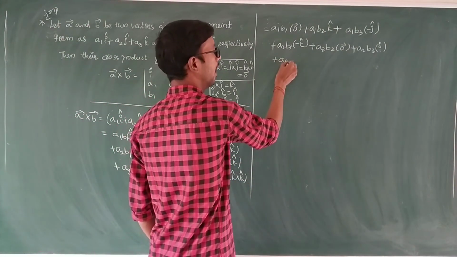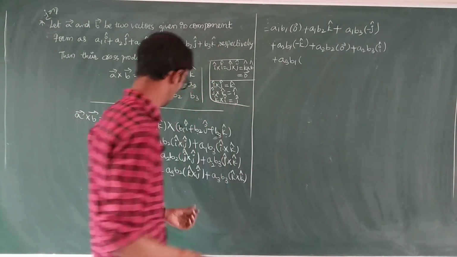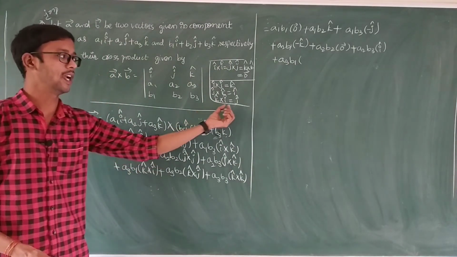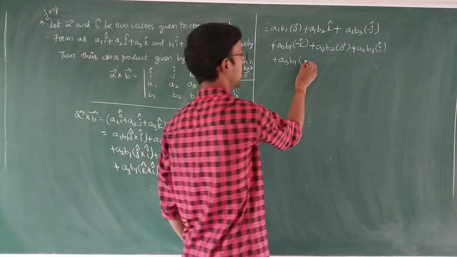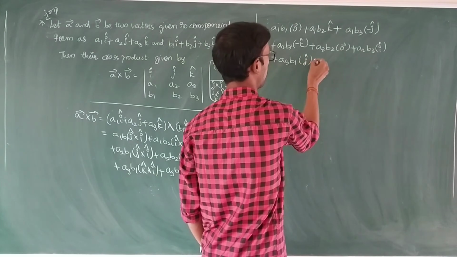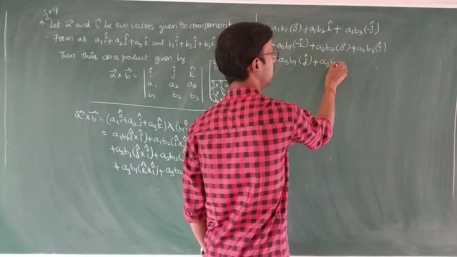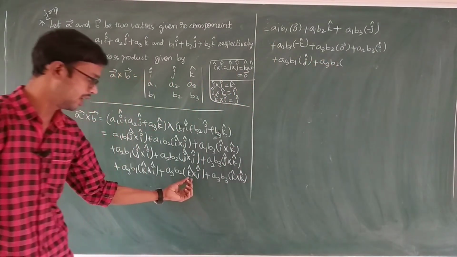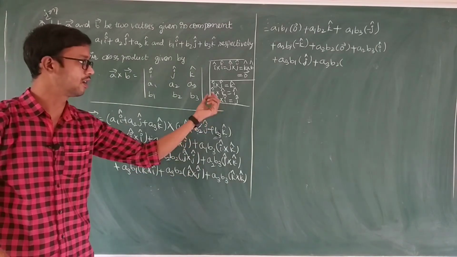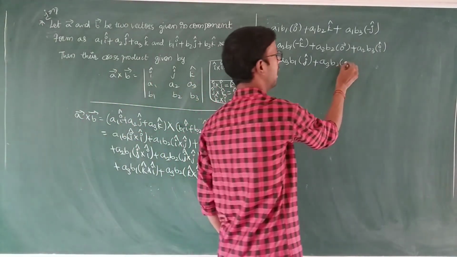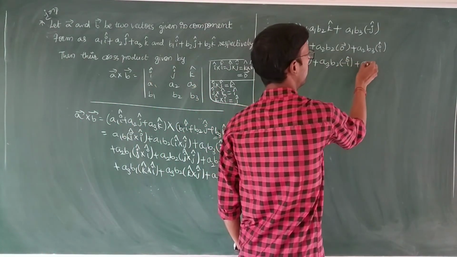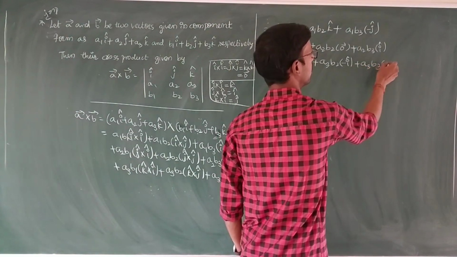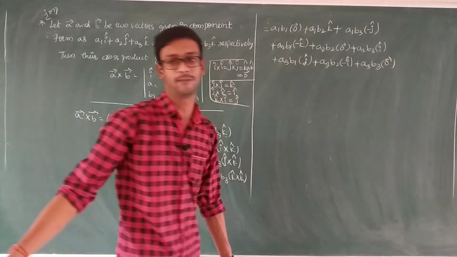Next one, A3 B1 k cross i is j, plus A3 B2 k cross j is minus i cap, A3 B3 zero vector.